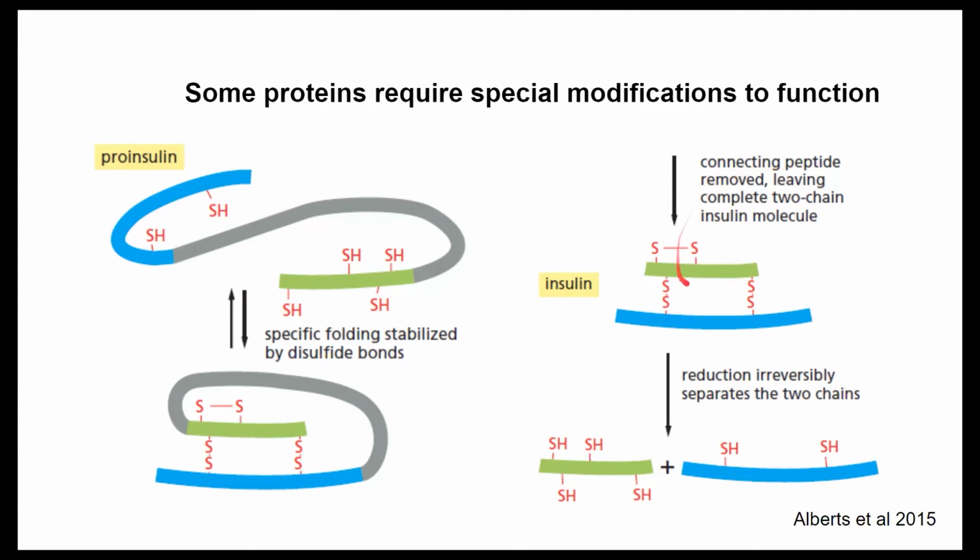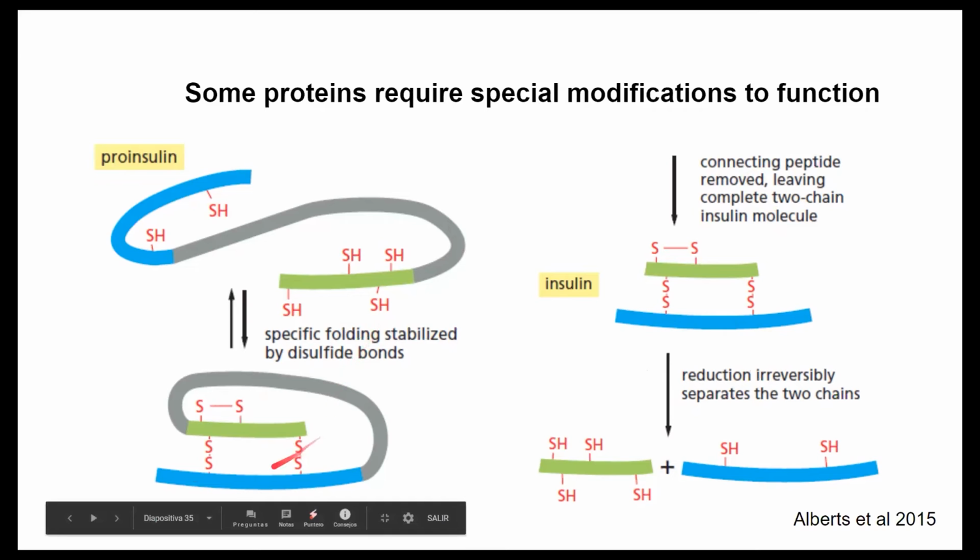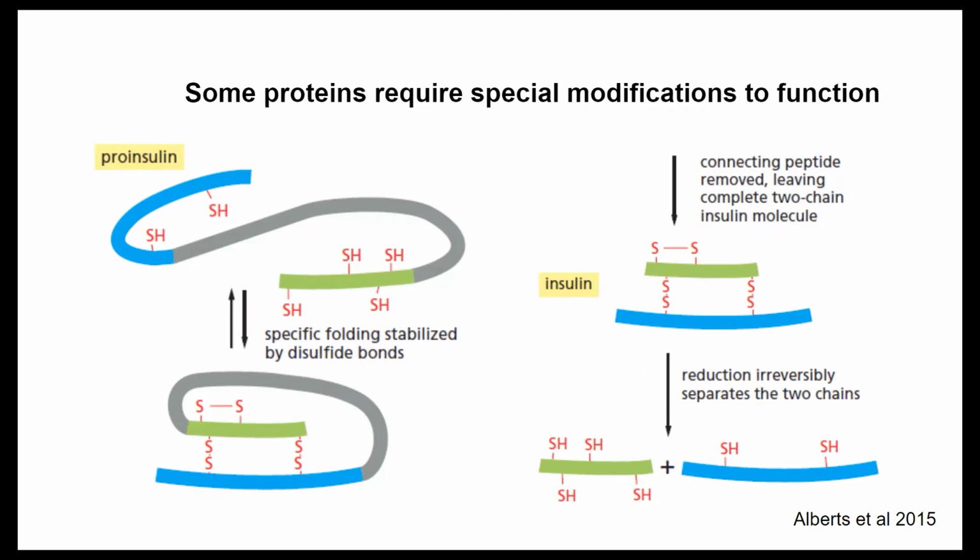And it will get connected and cleaved by certain enzymes that eventually give this structure. So it's important, this concept of post-translation modification that can occur in many proteins and actually increases the diversity of different proteins.